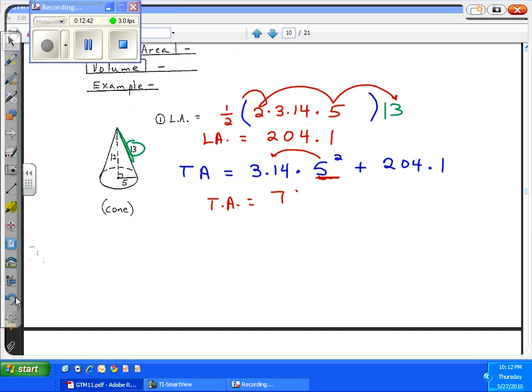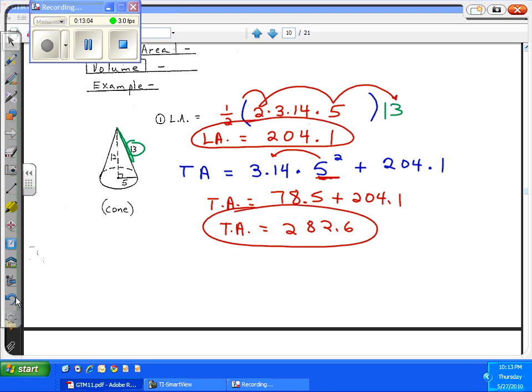Which is 78.5 plus 204.1. And so the total area would be 282.6. So there's our lateral area. There's our total area.